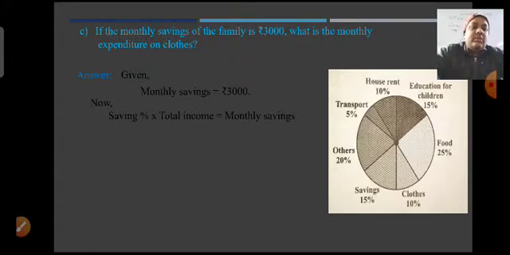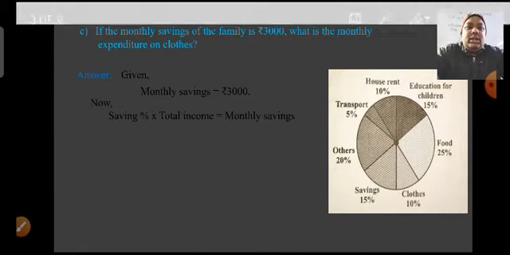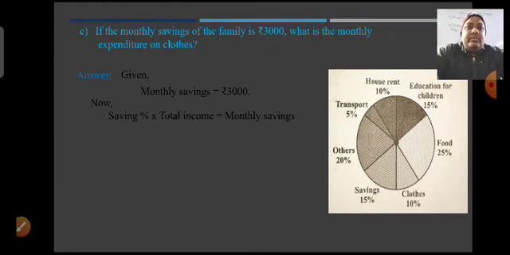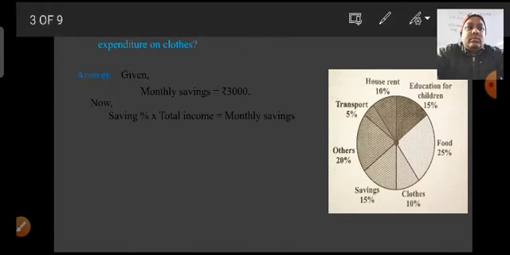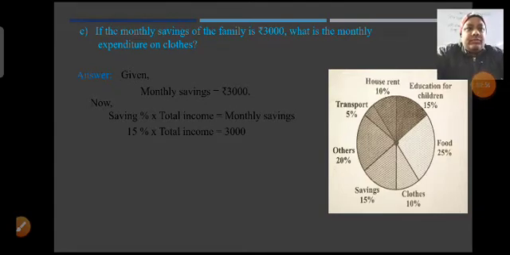The saving percent is given as 15%. So 15% into total income is equal to 3000.